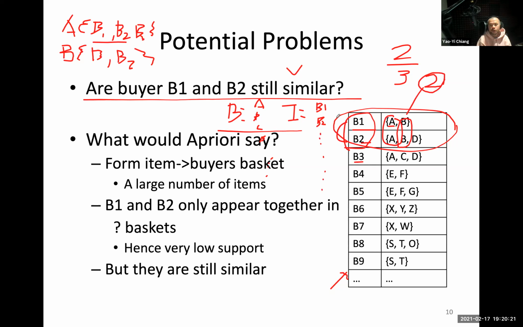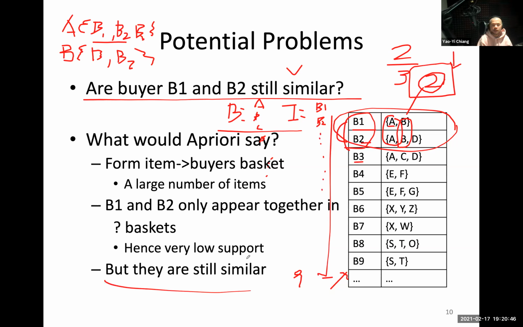Even when you are looking at 9 baskets, 2 is still very small. Not to say if you have millions of baskets, you will never be able to use support equal to 2 to identify frequent pairs. So B1, B2 will never be a frequent pair given the support threshold that you would use.